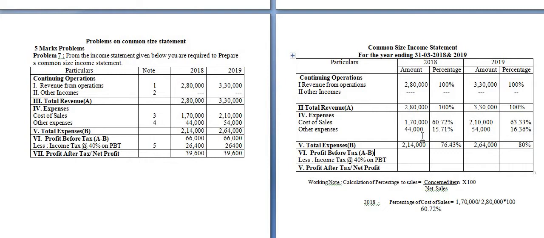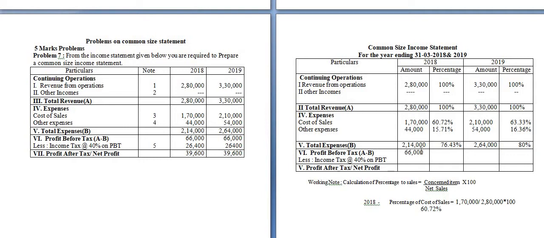So 2,80,000 minus 2,14,000. Balance is 66,000.